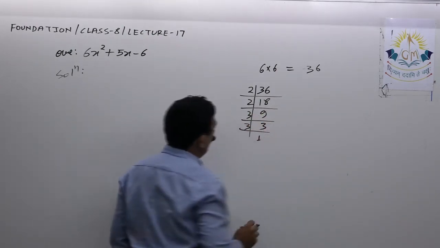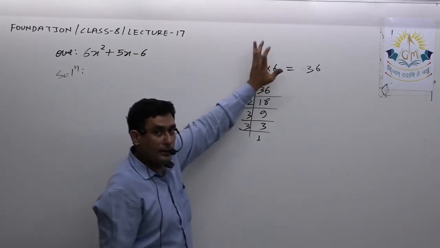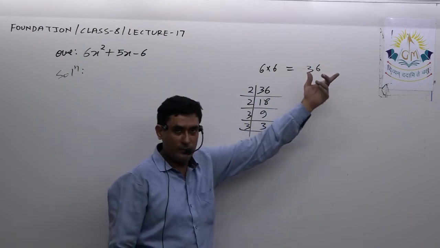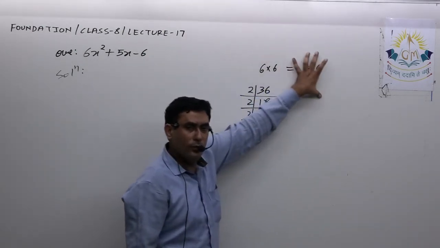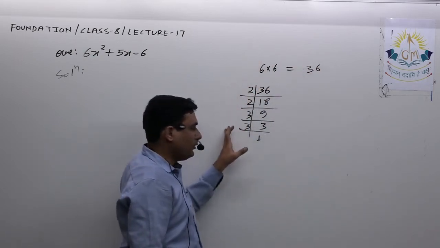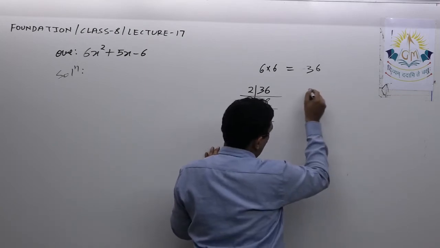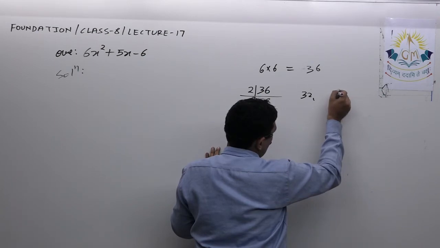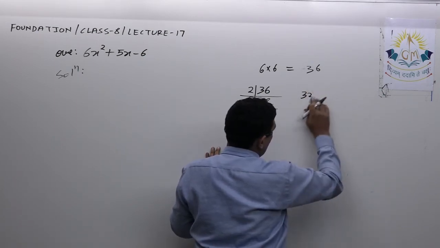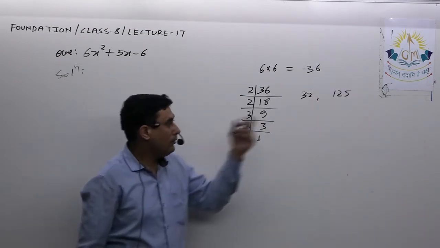See, here what I did: I got the value of a, then c, then I multiplied, then I got the factors. Here the values were very small, so it was easy to get the product as well as its factors. But suppose, for a while, a is 32 and c is 125.